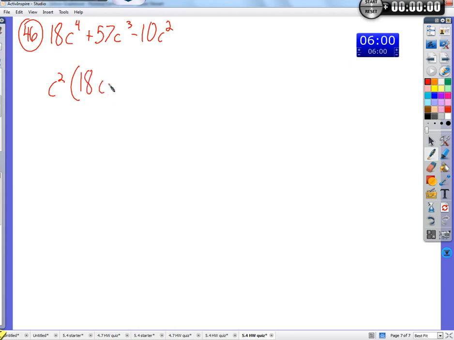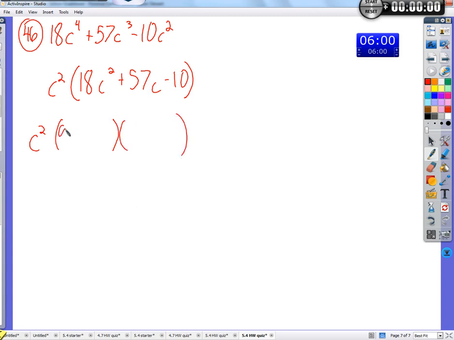We got 18c squared plus 57c minus 10. Maybe even that's all you can do, but maybe not. Because what kind of a polynomial is this? Quadratic. It's 2, so we should be able to factor it. If you're real patient, you could try this.